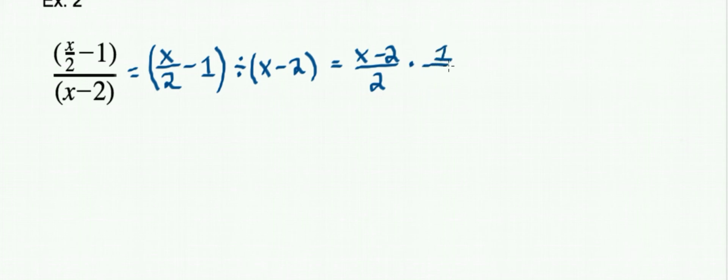And once we do that, we can see that this is going to turn out working pretty nicely. We can already probably see what we can cancel, but let's just write out all the steps. If I multiply x minus 2 times 1, I'm just left with x minus 2 on the top. And then if I multiply across the denominator, I have 2 times x minus 2.